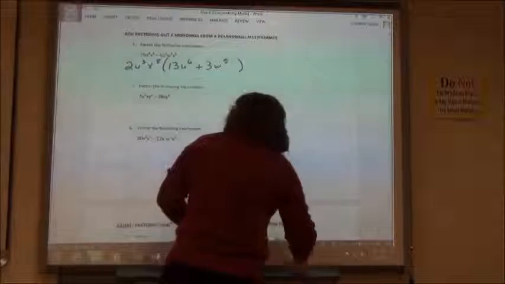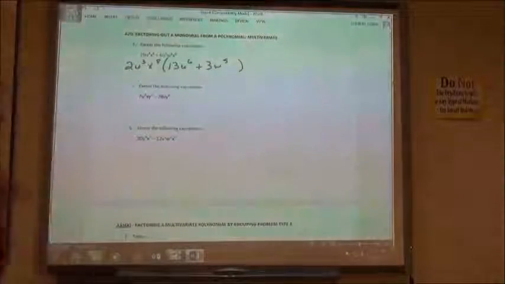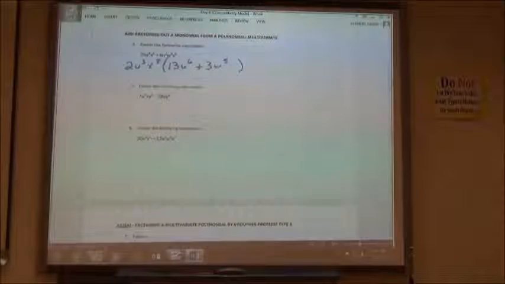So number 5, if we look at that one, what would be my greatest common factor? What can I factor out of those two expressions?